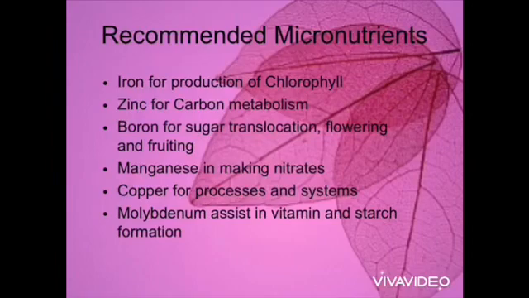Iron is important for the production of chlorophyll, while zinc plays a role in carbon metabolism. Carbon is important for sugar translocation, flowering, and fruit processes. Manganese is essential for making nitrates usable, and copper plays a role in several systems and processes. Molybdenum assists in vitamin and starch formation.